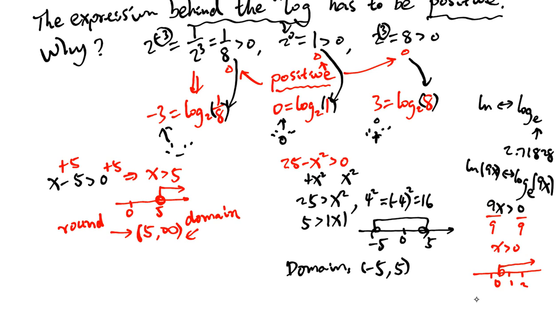So the interval representation would be: the domain is from 0 to infinity. Remember, here is a round bracket, do not include infinity. But 0 should also be excluded. So basically, that is the solution.